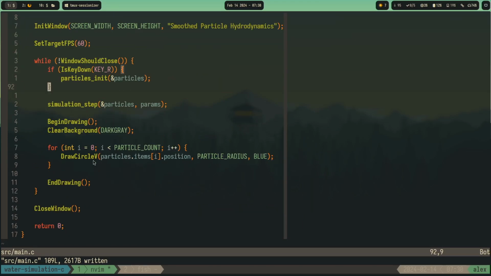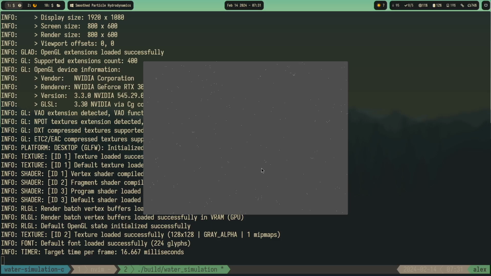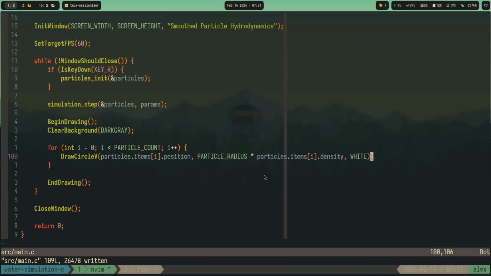So now, let's at least multiply the radius with the density, right? Let's try and see. Times particle density. Pretty small.